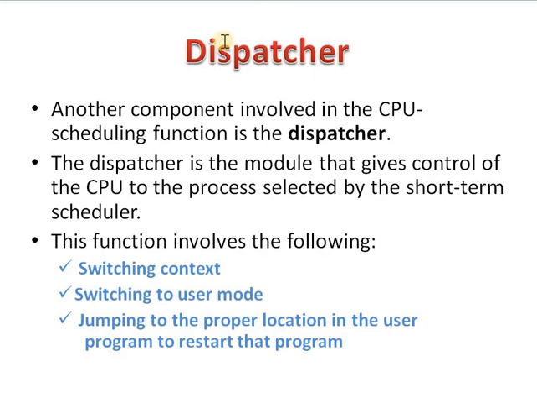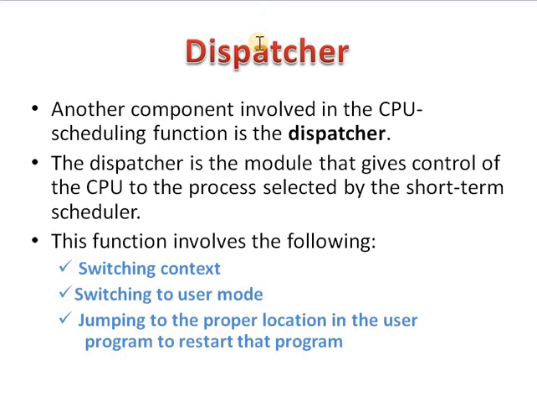The CPU scheduler selects a process among the processes that are ready to execute and allocates the CPU to one of them. So, the short-term schedulers are also known as the dispatchers, which make the decision of which process is going to be executed next.